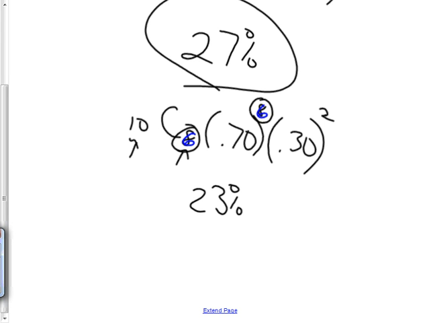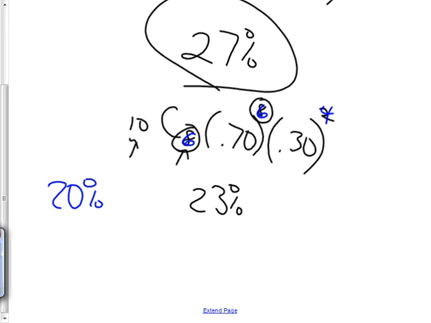And I bet you that it ends up coming out very similar to 23%. 10 choose 6, 0.70 to the 6, 0.30 to the 4. 20%. All right, I can believe that it won't be exactly the same, but anybody verify the 20%? A couple people got the same thing.